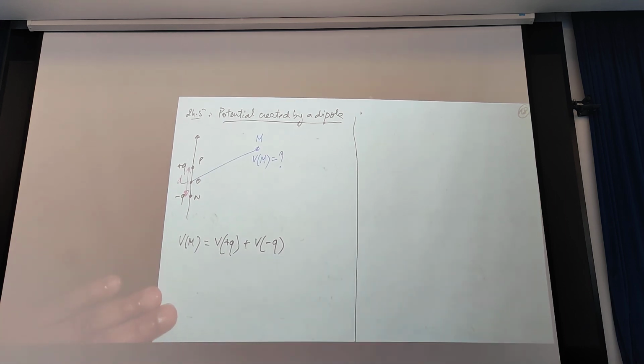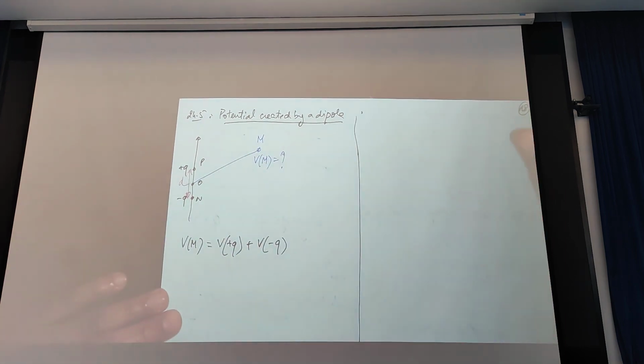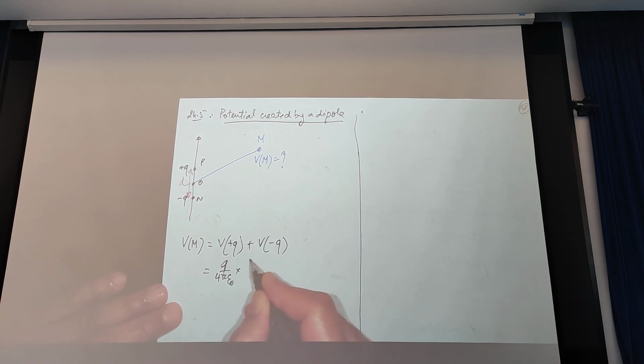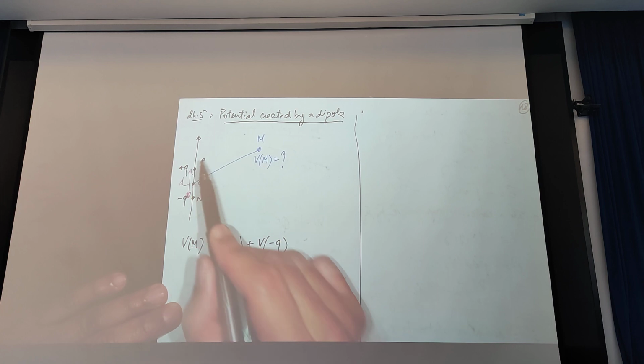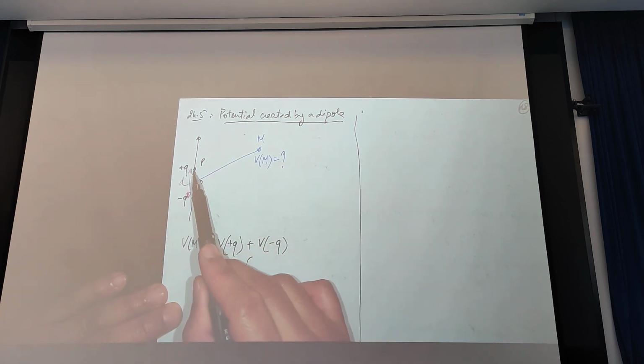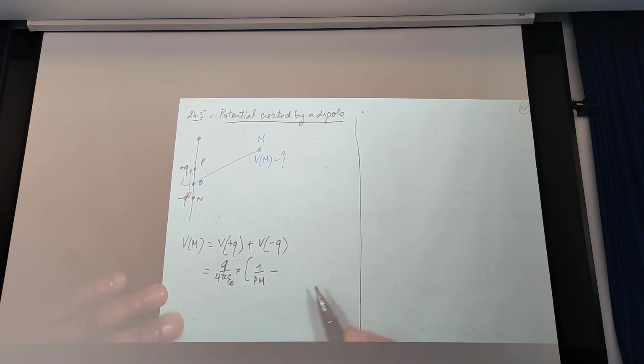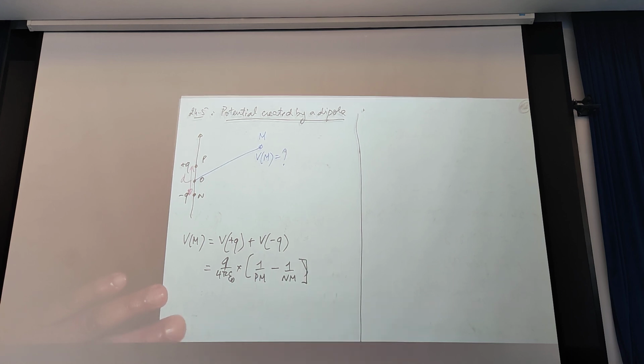Okay, so now we can do this. This is equal to 1 over 4 pi epsilon 0, q, times 1 over the distance PM and 1 over the distance NM.